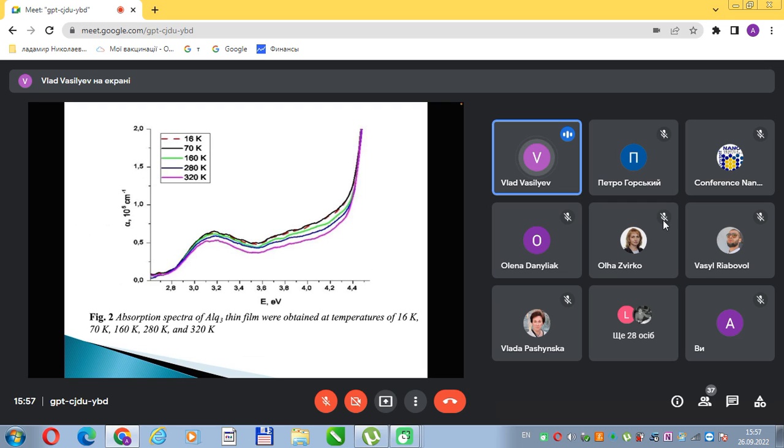Cooling the sample from 150 Kelvin to 16 Kelvin results in a very slight modification of absorption spectral features.